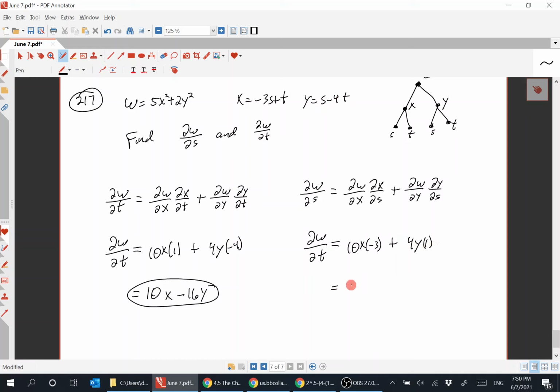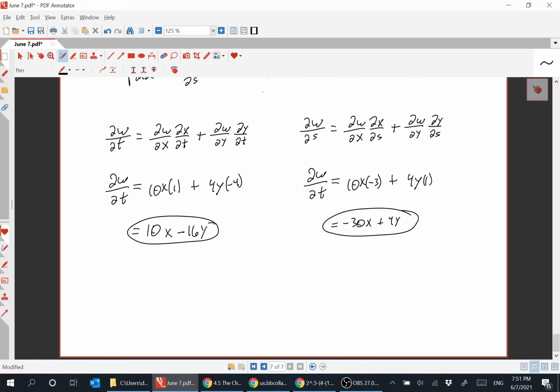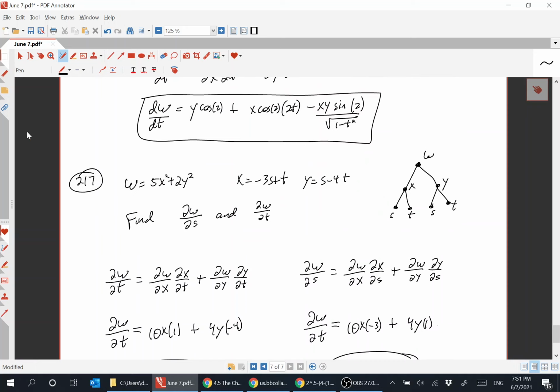So this is equal to minus 30x plus 4y. So those are those two derivatives. Now, if you wanted to, you can put them in terms of s and t, right? Because x is minus 3s plus t, and y is s minus 4t. So let's check that out. I mean, let's do it, just for illustrative purposes.